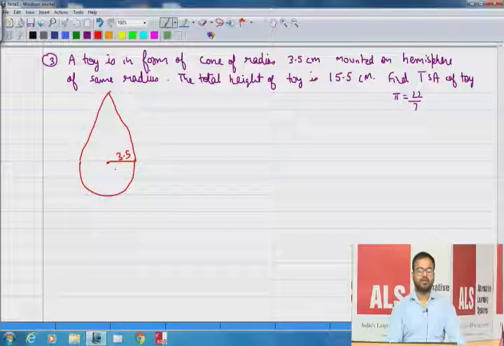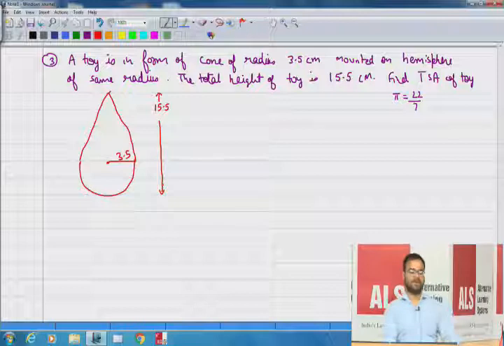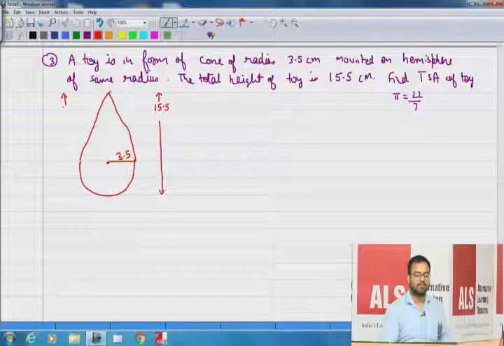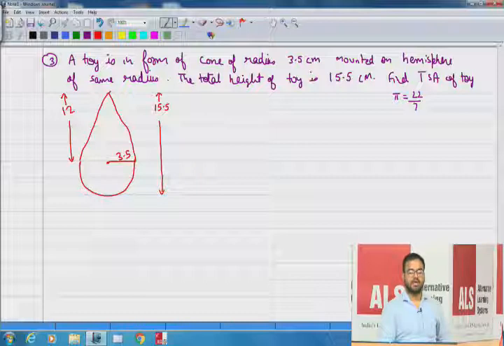The total height of the toy is 15.5. This complete height is 15.5 and the radius is 3.5. So if you subtract the radius from this total one, that will exactly be 12, which is the height of the cone. Now we have to find the total surface area of the toy.